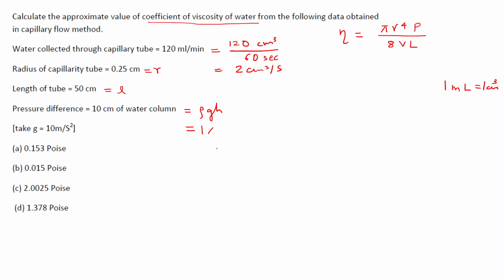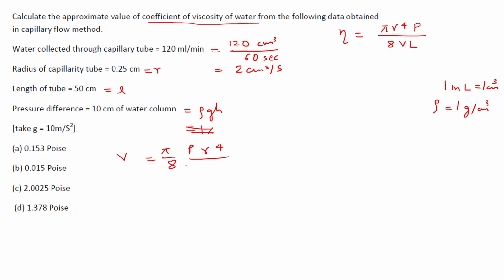Now, density of water in CGS unit is 1 gram per centimeter cube. This also we will use later. Now from Poiseuille's law, I'll directly substitute. From Poiseuille's law, we know that the volume of liquid flowing per unit time is given by pi by 8, pressure difference, r to the power 4, the same thing.